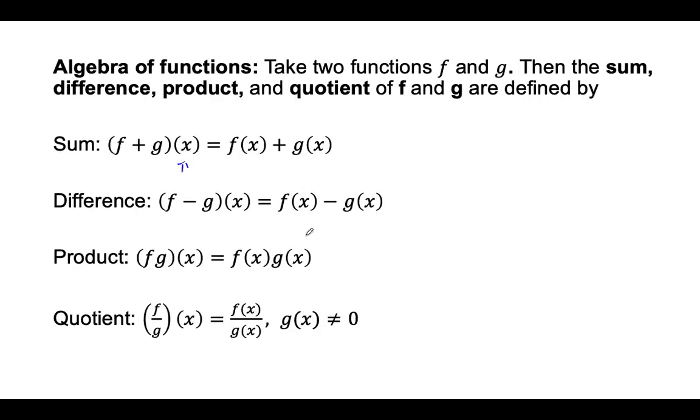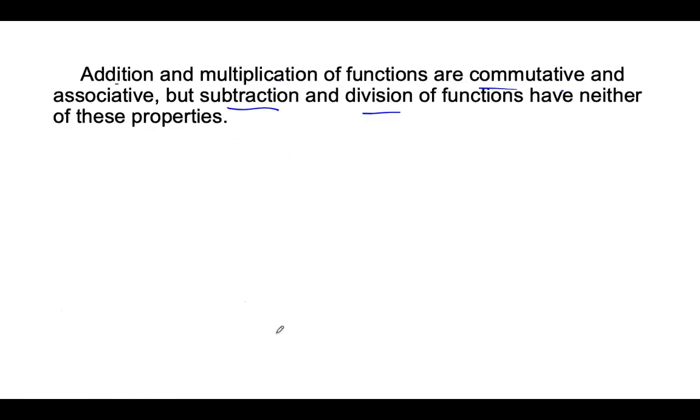They're associative, but of course, subtraction and division are not. g minus f is not equal to f minus g, or f divided by g is not equal to g divided by f.